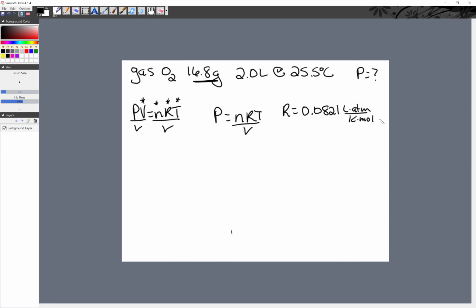So I better make sure I am in liters, atmospheres, Kelvin, and moles. All right, so first of all, I'm in grams, so I can't use that one. So step number one is just to get out of grams into moles, and I know there's 32 grams of O2 in every 1 mole of O2. So 0.525.